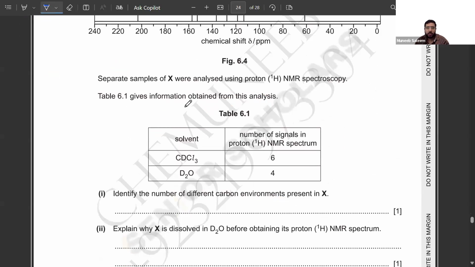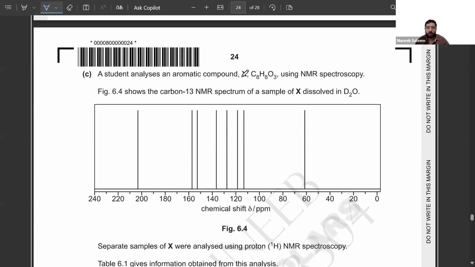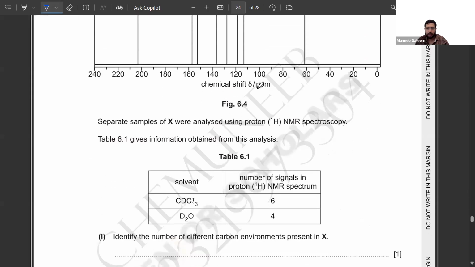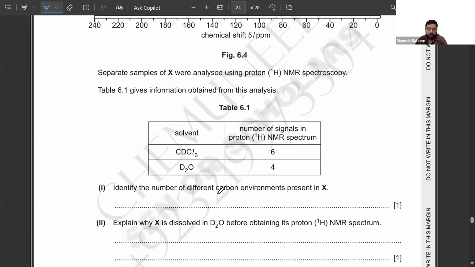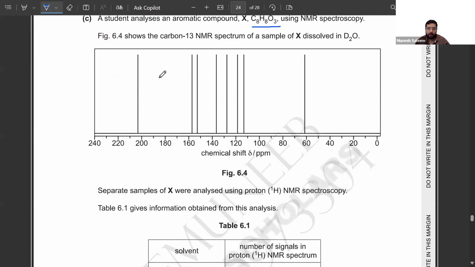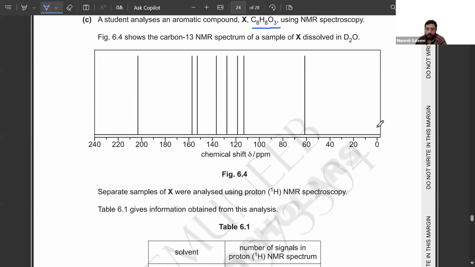So looking into the molecular formula of the compound, which is C8H8O3, and also the different chemical environments of the carbon, we need to see that NMR spectrum. Here we know that zero value is for the TMS, which is basically a very small line, which is not indicated here.